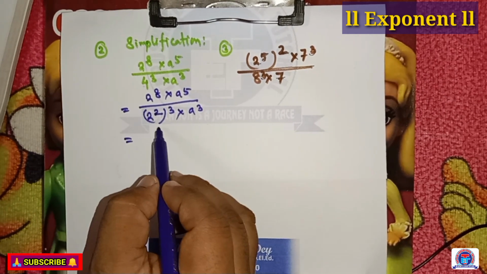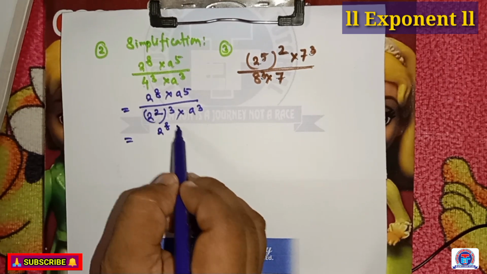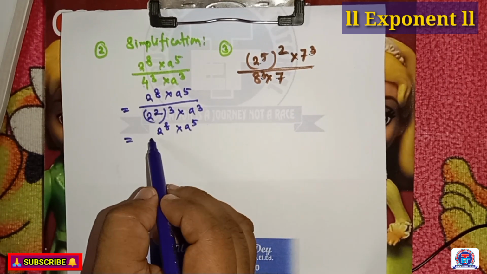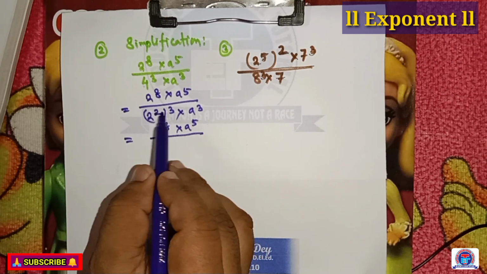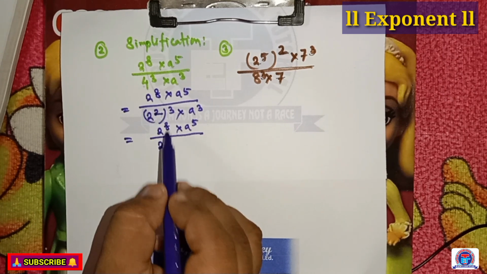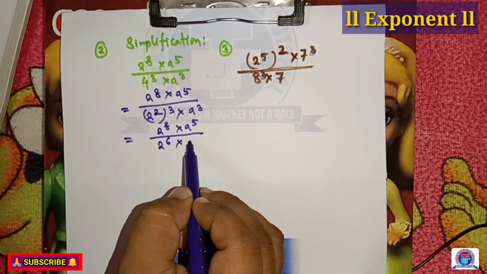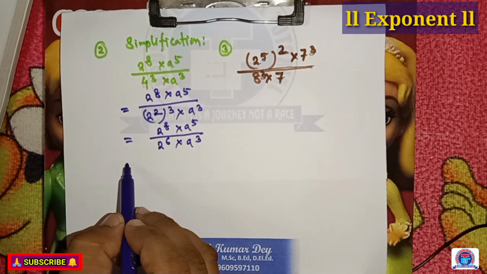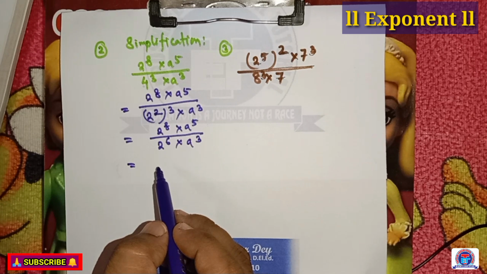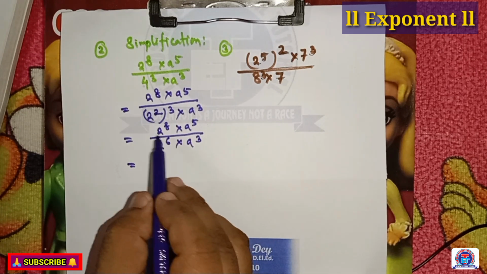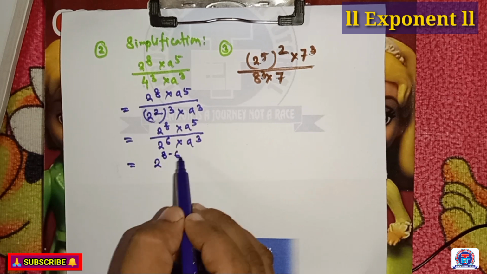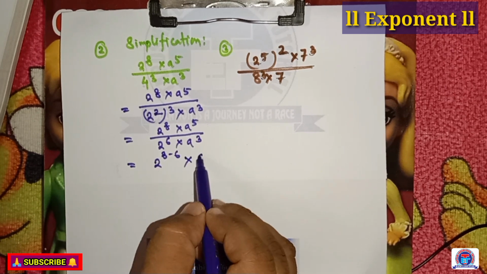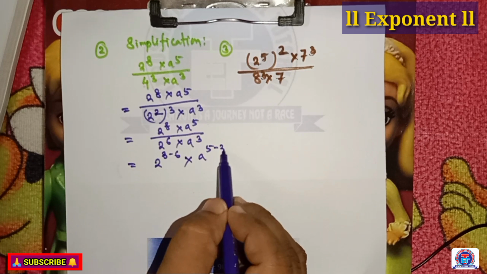Then next we write 2 to the power 8 into 8 to the power 5 divided by 2 to the power, this one mn, that means 2 to the power 6 into 8 to the power 3. Now we follow the exponent formula: 2 to the power 8 minus 6 into 8 to the power 5 minus 3.